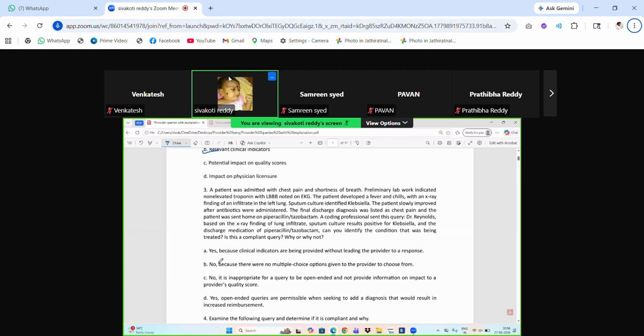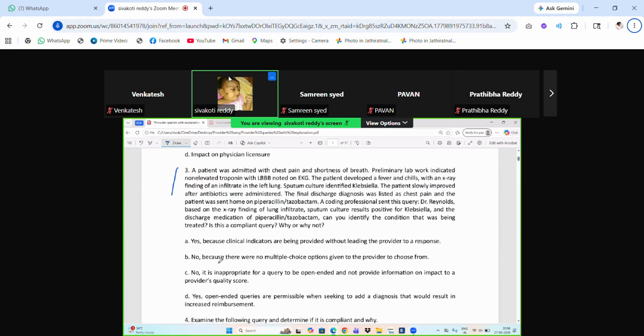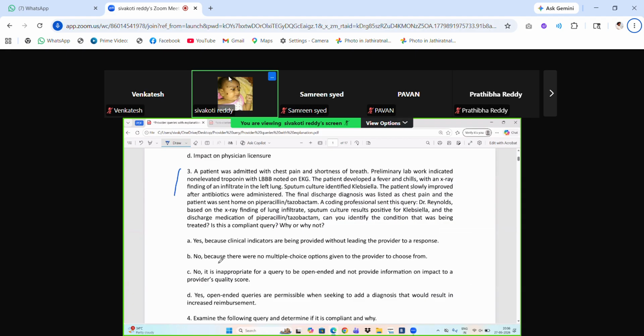Next, check whether this is a compliant query or not. If it should be compliant, why? Read the question and check. Yes, this is a compliant query, because the indicators are provided: X-ray and lungs.